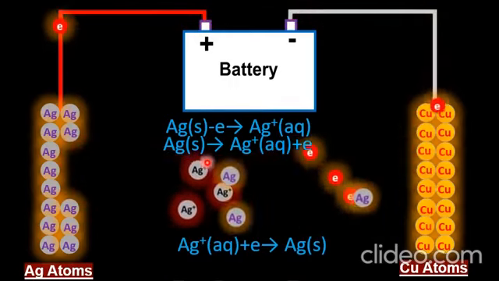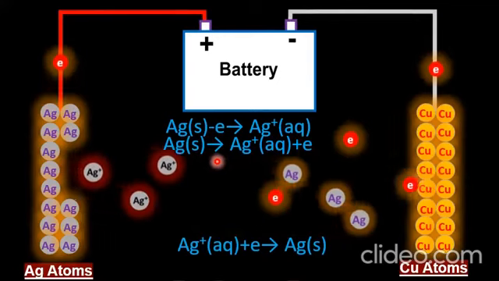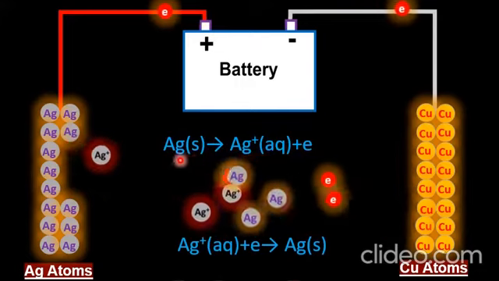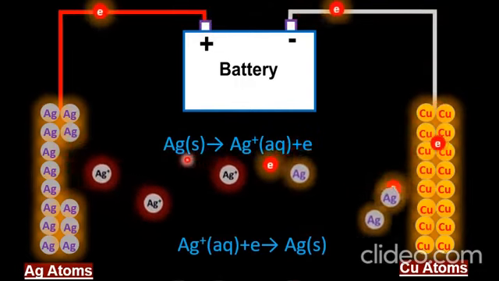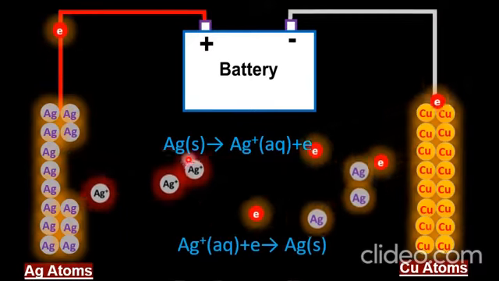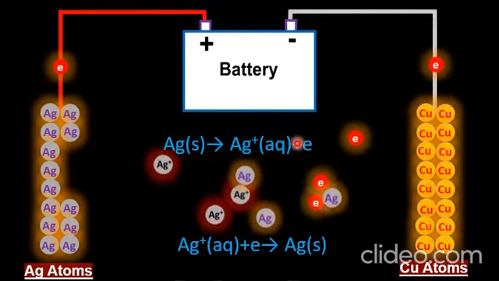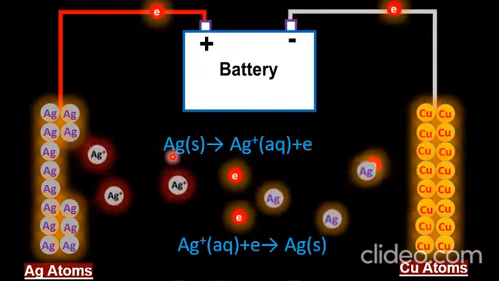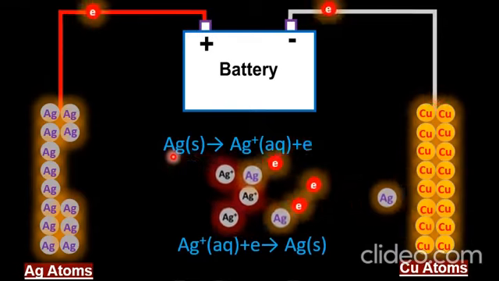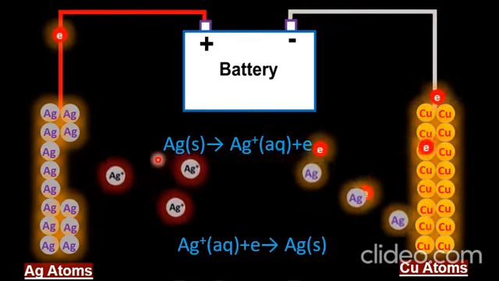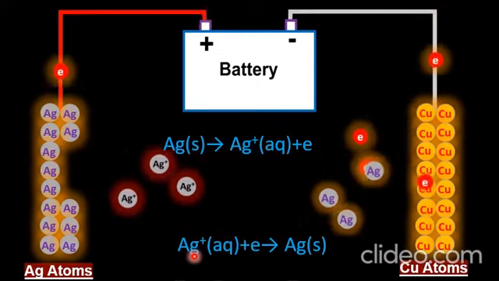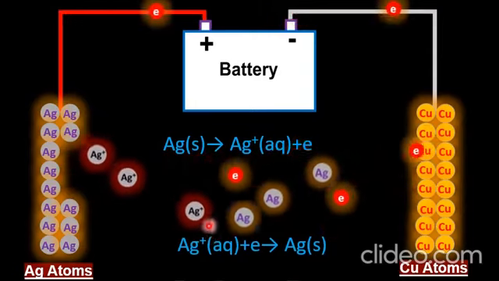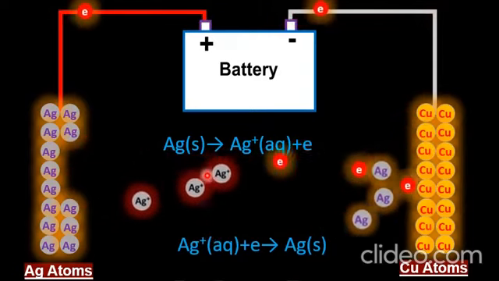These two equations are basically telling us what is going on inside the electroplating cell. Now, if you look at the diagram and also at these two equations, you can definitely tell there is a transfer of electrons taking place.